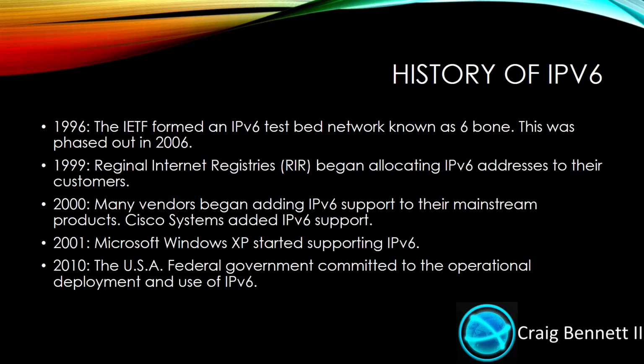And just real quick, getting a little bit off topic, how this works, because it's a little bit confusing: the RIR has to buy their IP addresses, and the RIR hands them out to ISPs, internet service providers, and then that's where you get your address. So just real quick there.